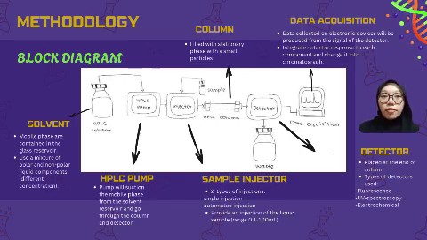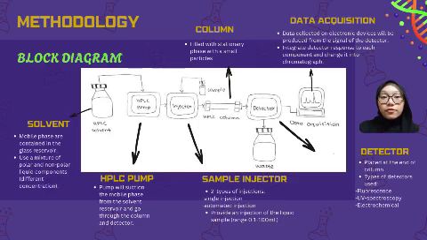Operating pressure of up to 42,000 kilopascal can be generated. And then next, for the sample injector, this injector can be a single injection or even an automated injection system.